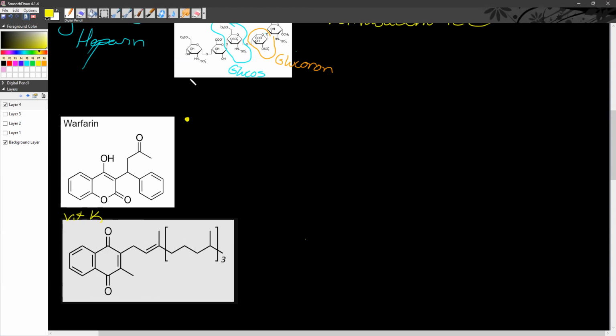There are lots of different coumarins, which is the functional class that warfarin is derived from. But really, what they're all going to do is rely on this functional group right here.